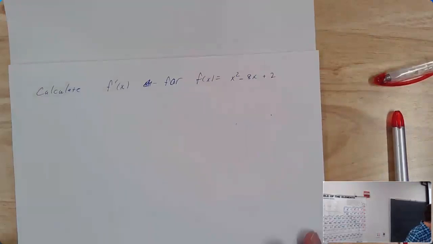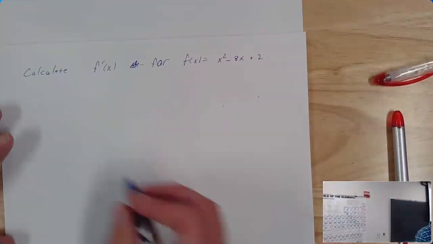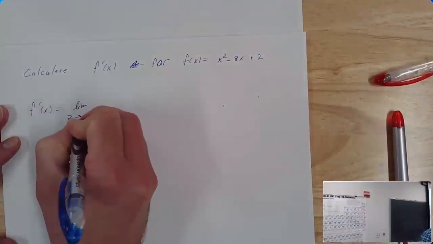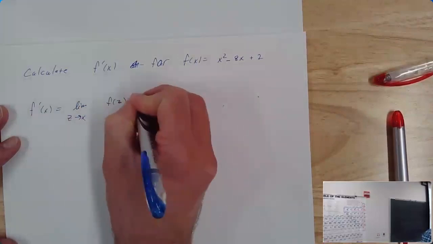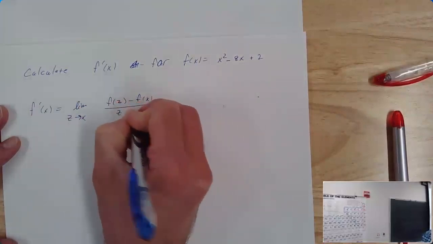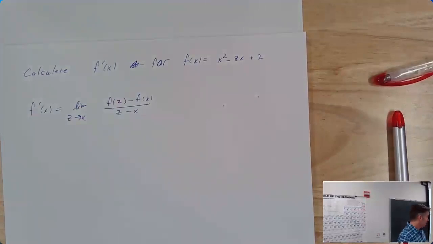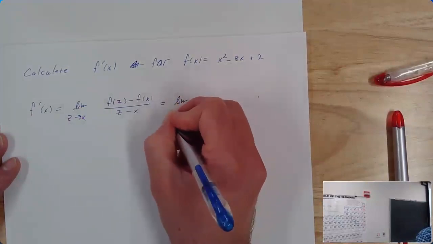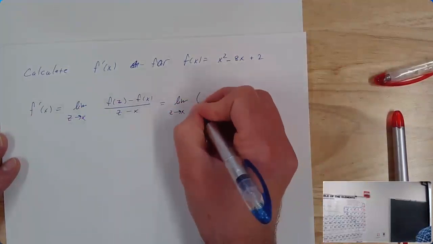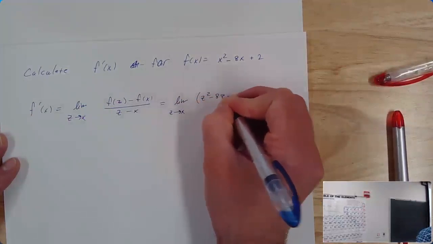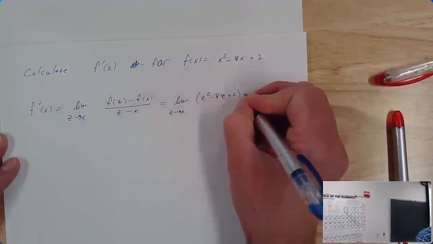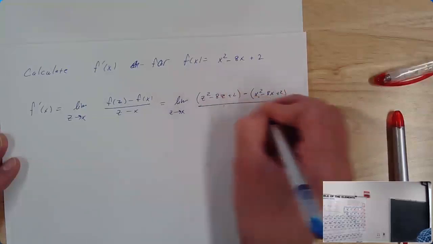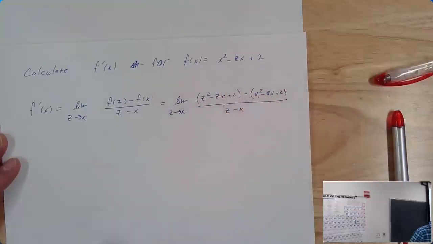I'm going to do it in the less nice way first, as the limit as z approaches x of f of z minus f of x, all over z minus x. We're just going to plug in the z's, plug in the x's, and look what we get. We have the limit as z approaches x of z squared minus 8z plus 2 minus, x squared minus 8x plus 2, all over z minus x.